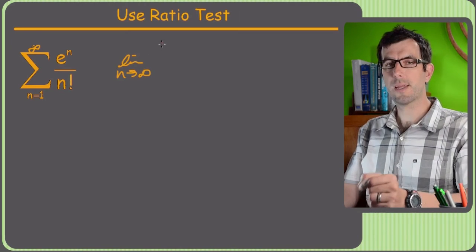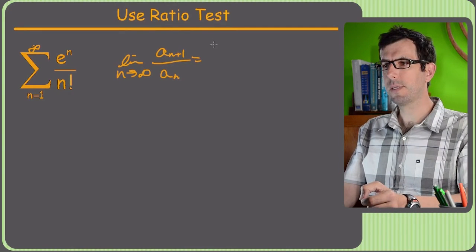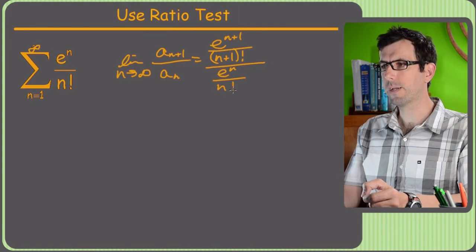So I'm just going to do a sub n plus 1 over a sub n. When I plug in n plus 1, I get e to the n plus 1 over n plus 1 factorial, divided by e to the n times n factorial.